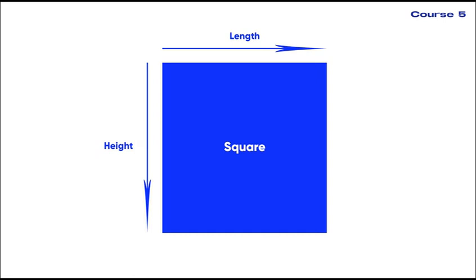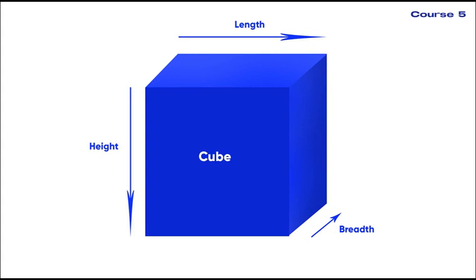But turning that shape, which has two dimensions, into a form that has three dimensions, we end up having a cube. A cube is a square that has three dimensions. So a cube has length, height, and breadth. That is three dimensions, and it makes it look real.